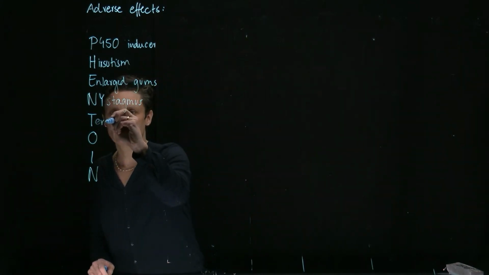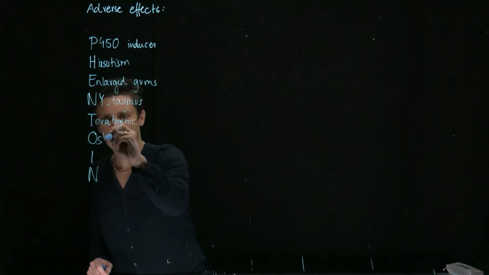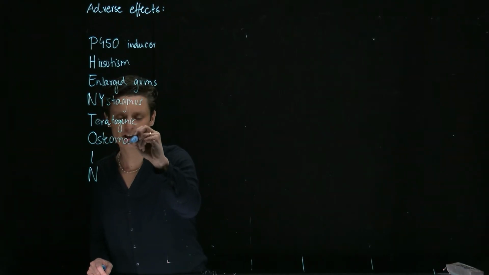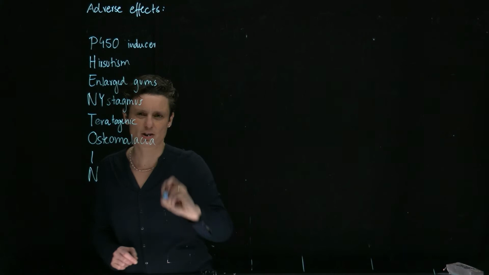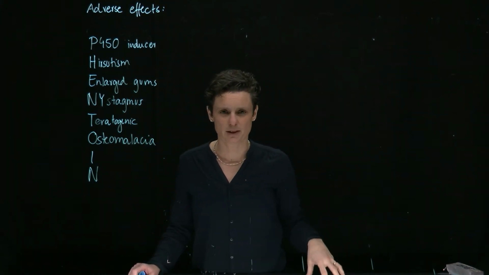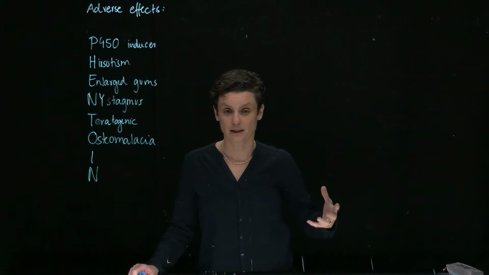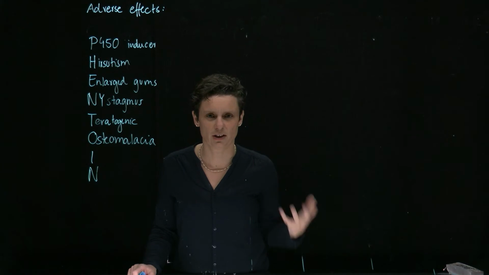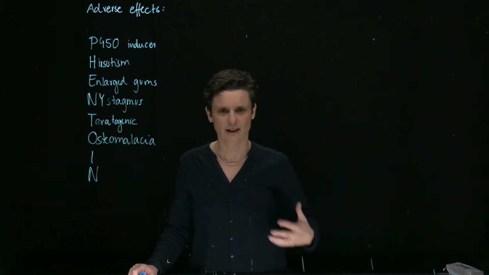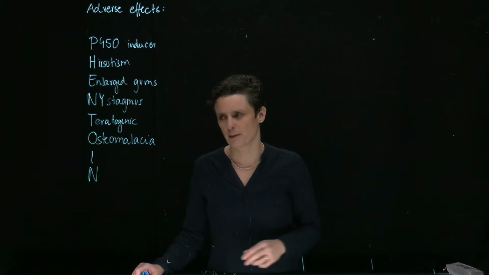Then it is teratogenic, as most anti-seizure medications. It causes osteomalacia. So it causes a softening of your bone. And that is due to its metabolism, which is also hydroxylation, and it competes with vitamin D also for the hydroxylation. And we need the hydroxylated vitamin D. That's the one that we need for proper bone formation.